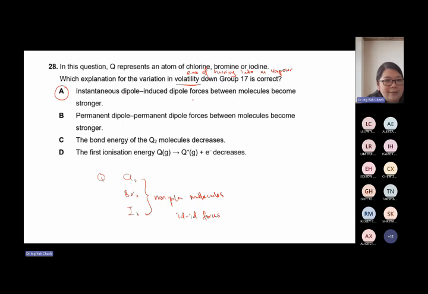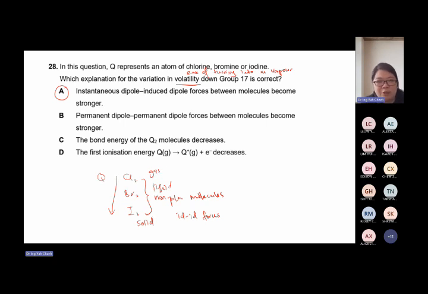Let's just go through. ID forces between the molecules become stronger, because going down group 17, you have chlorine gas, bromine liquid, and then iodine solid under standard conditions. At room conditions, one is a gas, the other is a liquid, another is a solid. So going down the group, can you see that it's getting harder and harder to become gas.